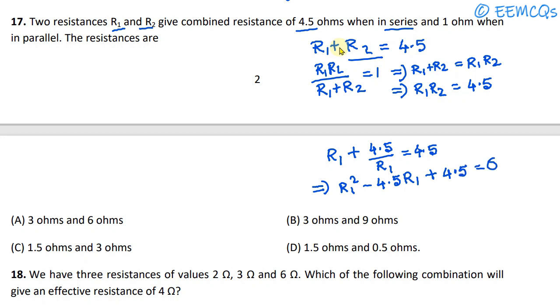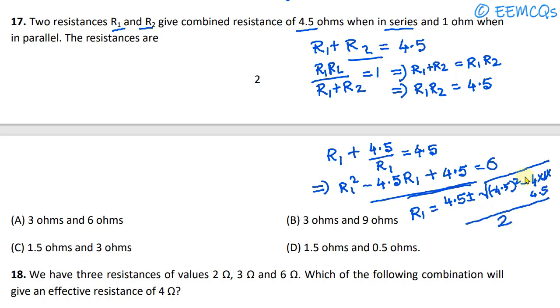So now solving this quadratic equation, what we will get? We will get R1 is equal to 4.5 plus minus root over of minus 4.5 square minus 4 into 1 into 4.5 divided by 2. Okay. So from this, what you will get?